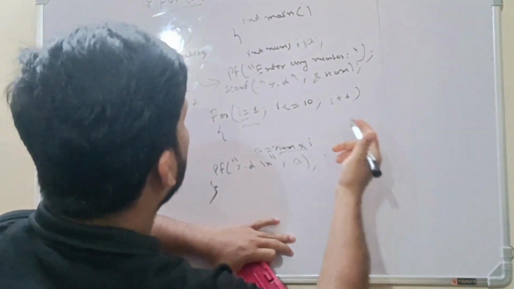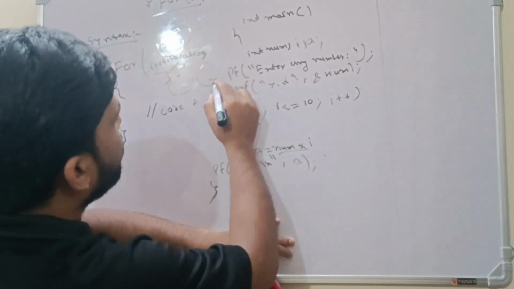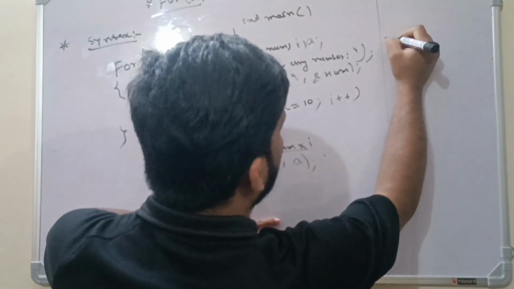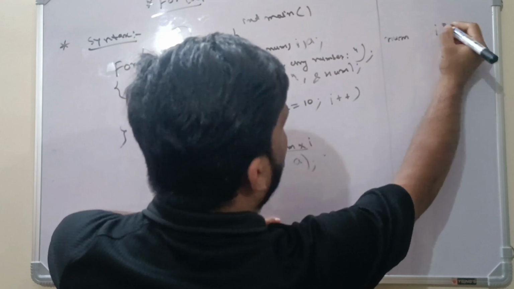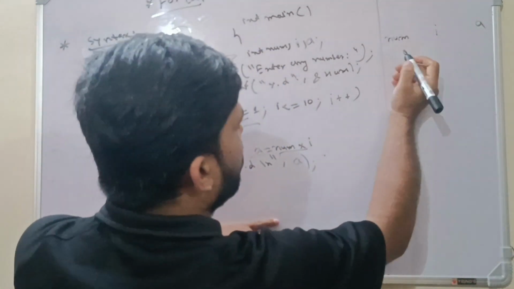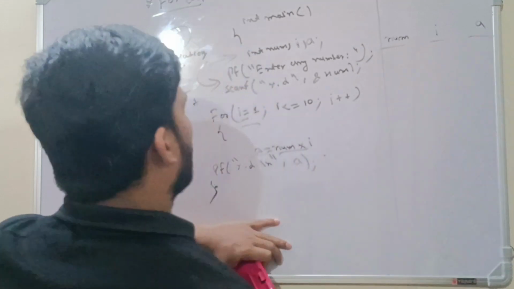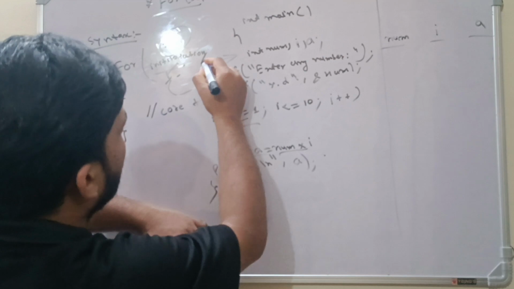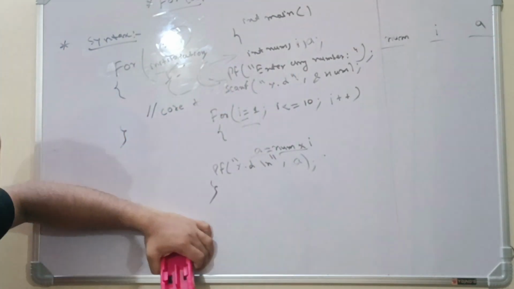First of all, there are three variables here: number, i, and a. Then we take a number from the user, enter any number.